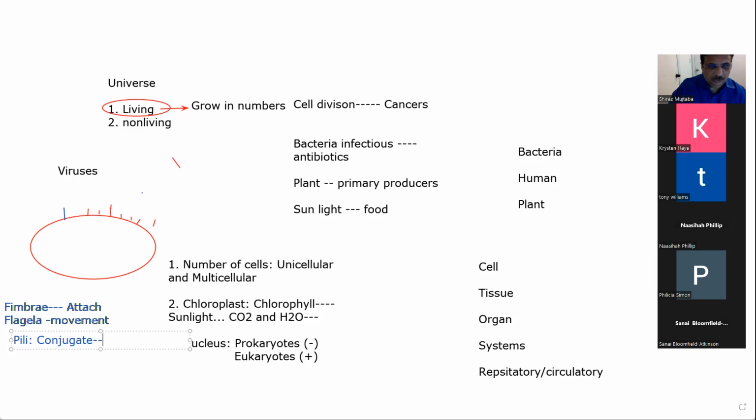And then through this pili, it can transfer its DNA.